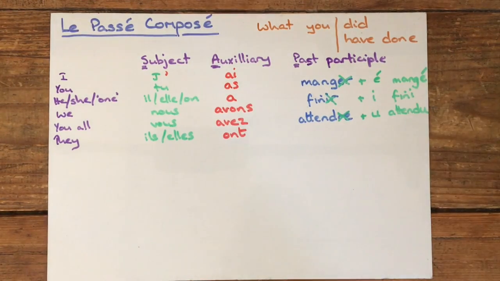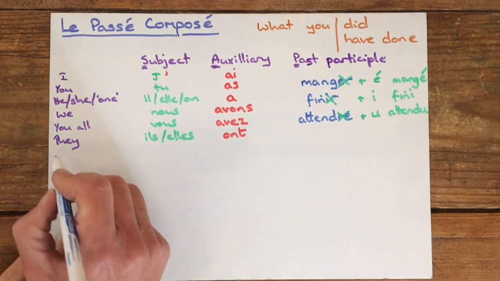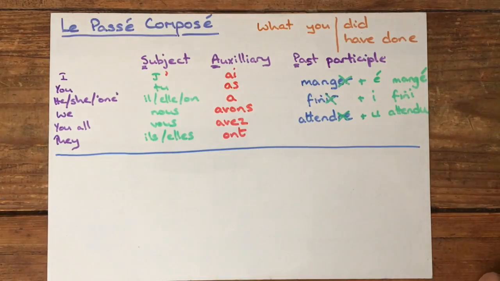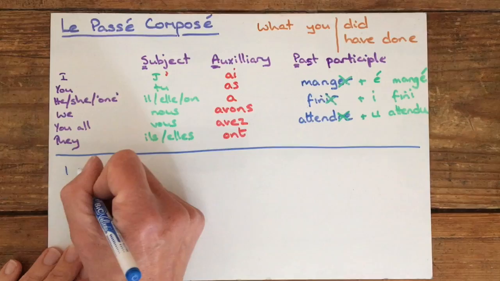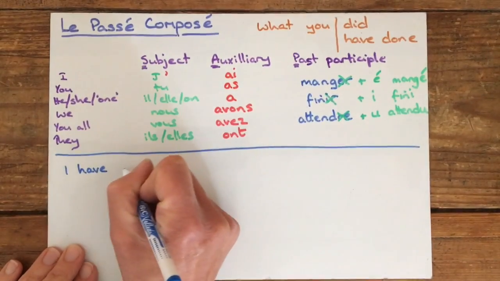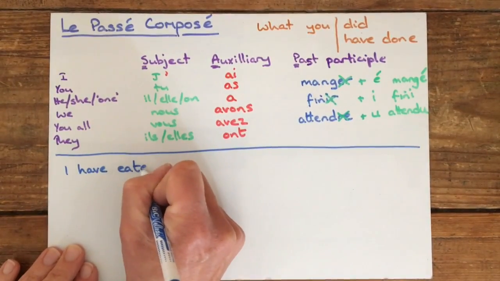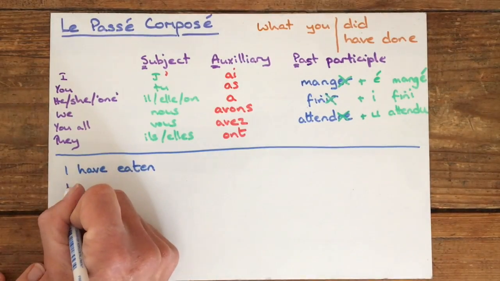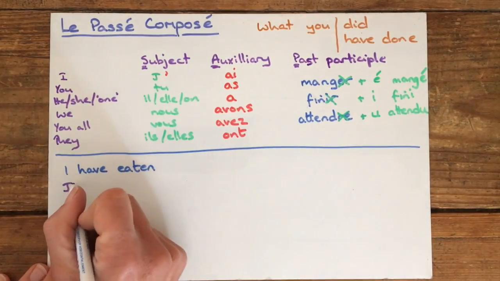So let's have a little bit of a practice. Let's do I have eaten. Right. You need your subject, I. Then you need the auxiliary.